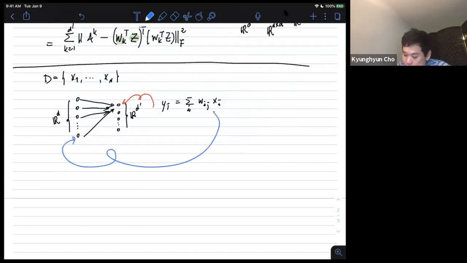And this intermediate variable, Wij, is just one of the values from the weight matrix. So this is the linear regression that we have written down.